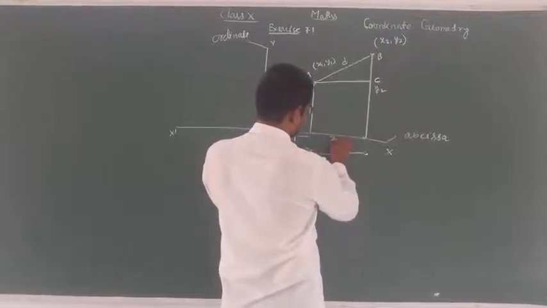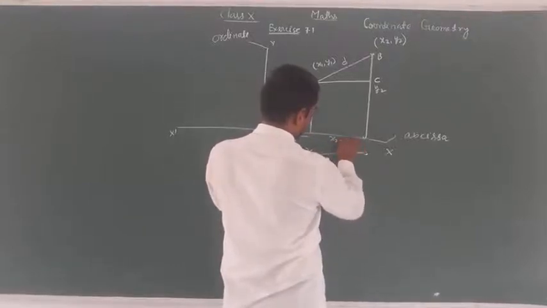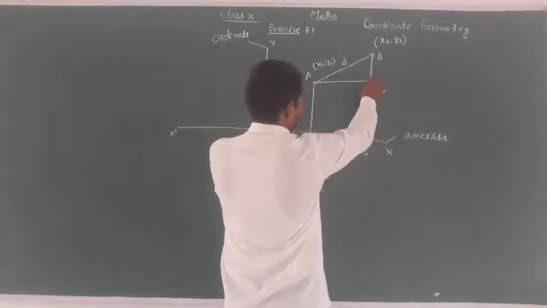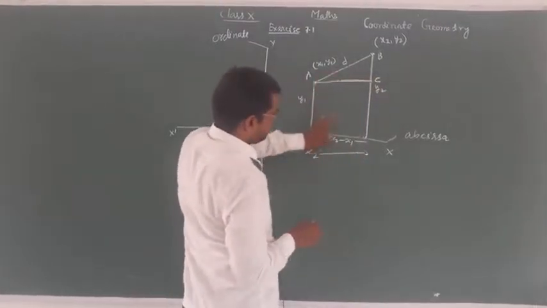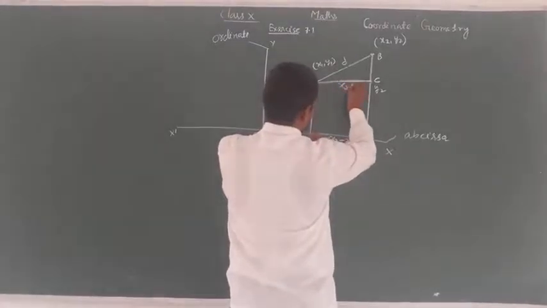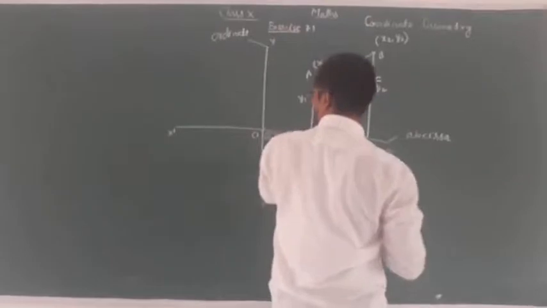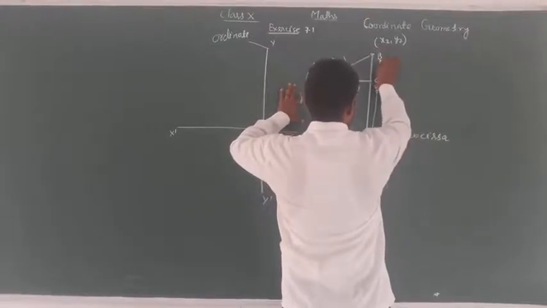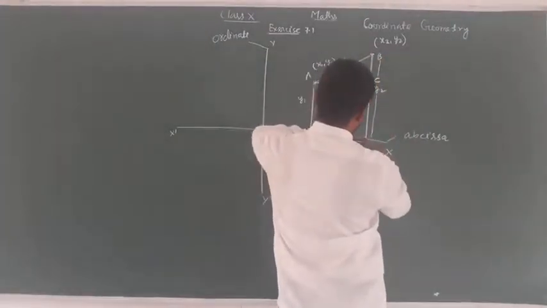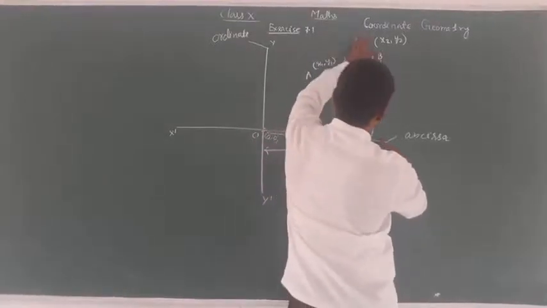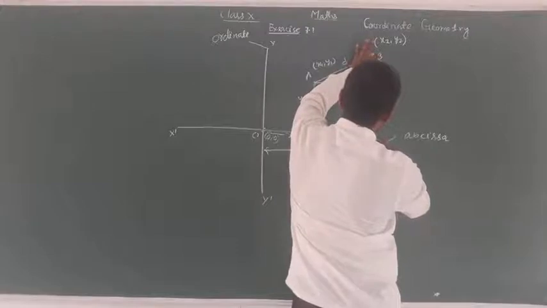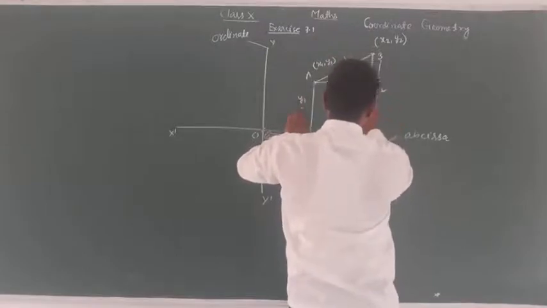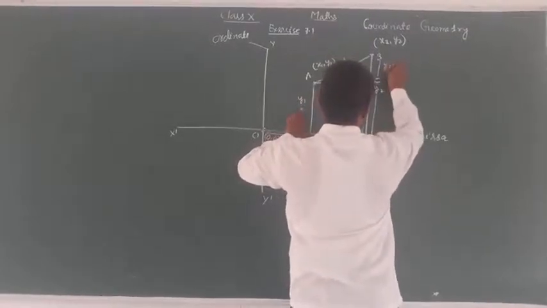This is a rectangle, so opposite sides are equal, so AC is x2 minus x1, and BC, the distance from the x-axis, is y2 minus y1.